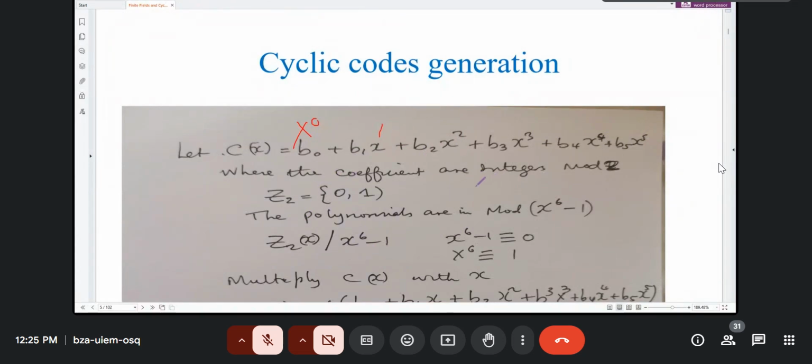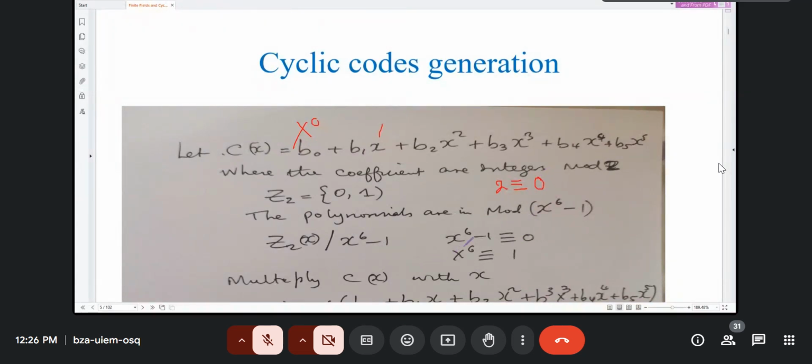Where the coefficients are integers mod 2. That is the Z2. Yeah? Actually, this is how it looks, integers mod 2. So you have 0, 1. Whenever you talk of integers mod, whatever number you're talking about, it means that number is equivalent to 0. So in this case, 2 is equivalent to 0.